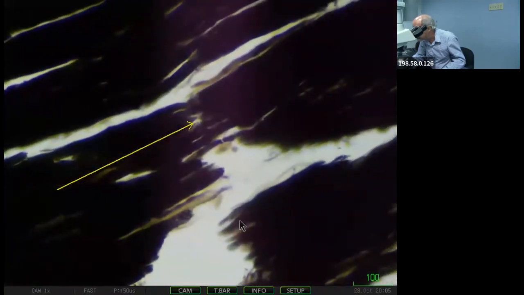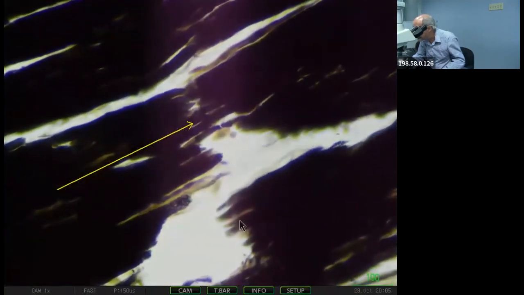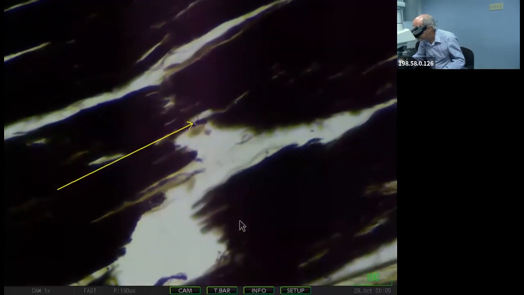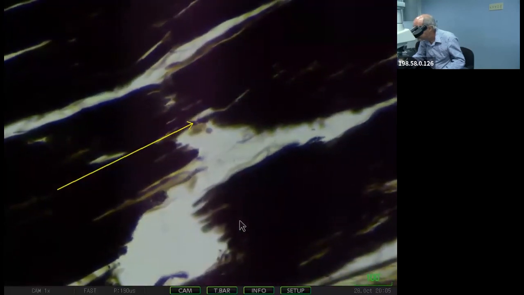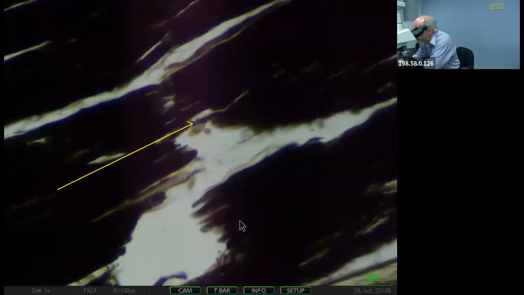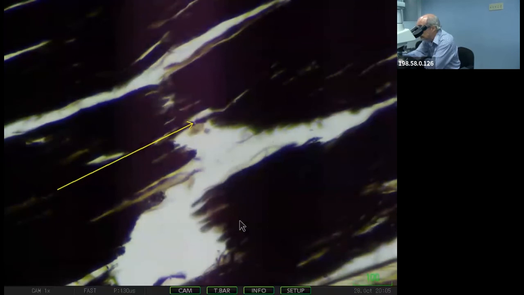So here, for example, something here, just right here. See, there is something which is a little bit whitish in between the two fibers, I mean, inside the prolongation of the fiber.